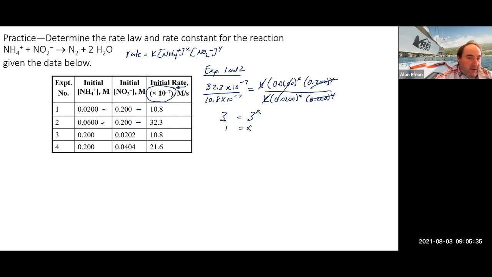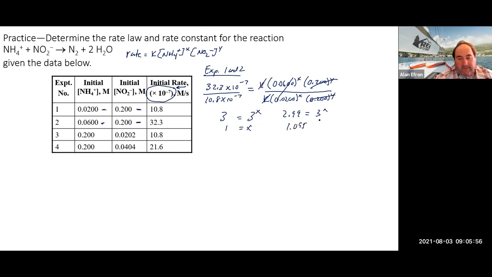Again, you can take the natural log of both sides and divide. If you don't have a perfect number, even if you kept the 2.99 equal to 3 to the x, you could take the natural log of 2.99, which gives you about 1.095.